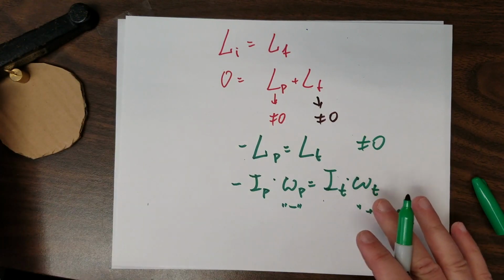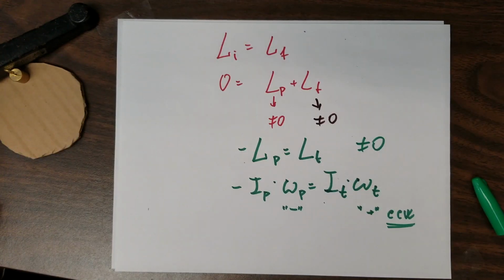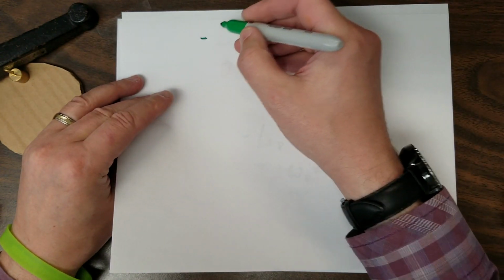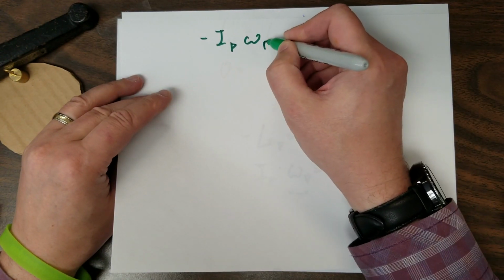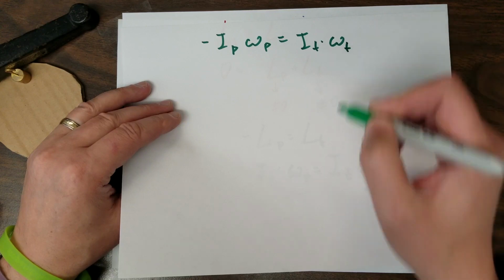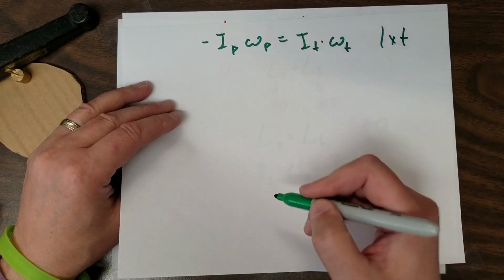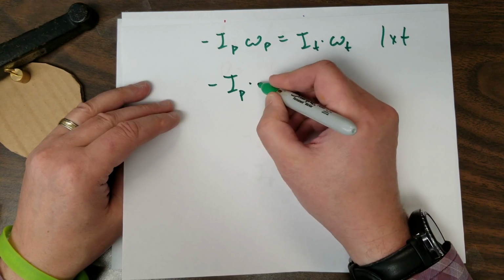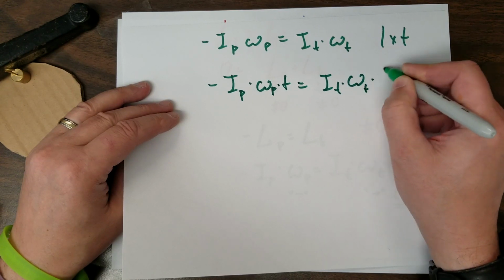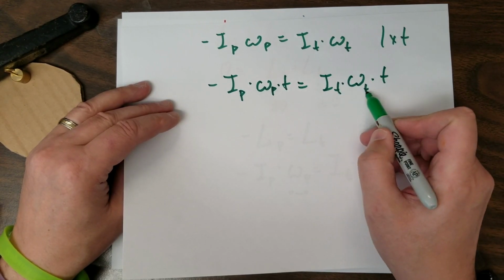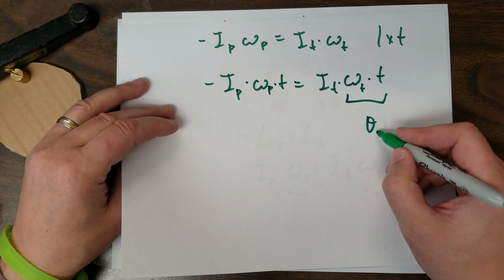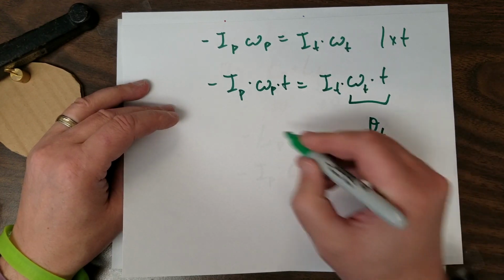So if I copy this equation, and multiply by time, well, this t represents table time. This will be the angle for the turntable.